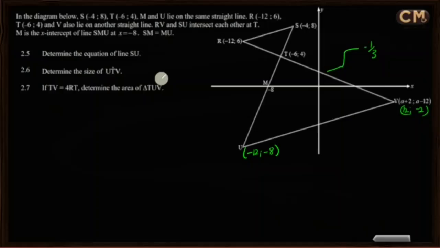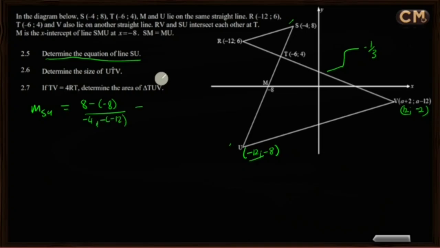Well, now that the magic of editing has provided all pertinent information back to us, let's see if we can determine the equation of the line SU, which is from there to here. And of course, all we need is a gradient. So the gradient of SU, well, the difference in y values is 8 minus -8, all divided by the difference in x values, which is going to be minus 4 minus minus 12.